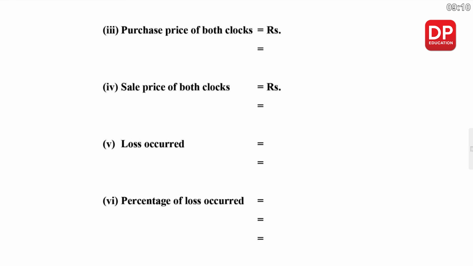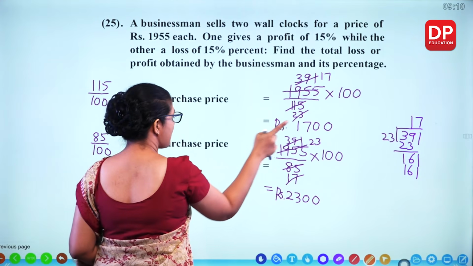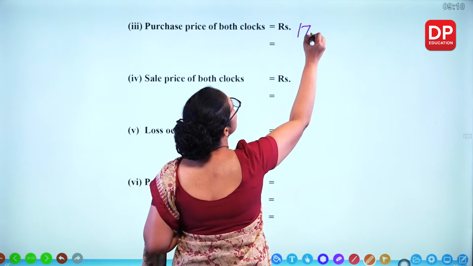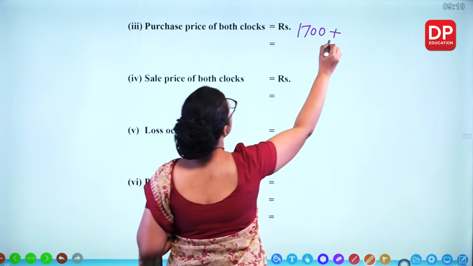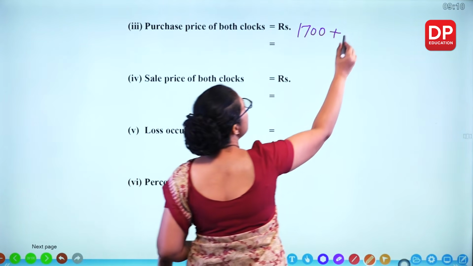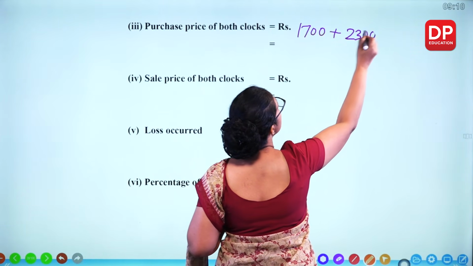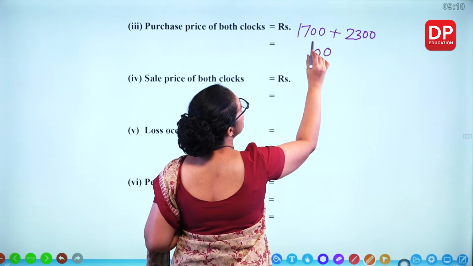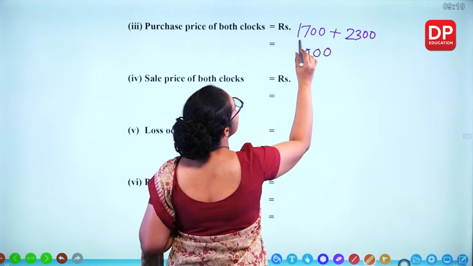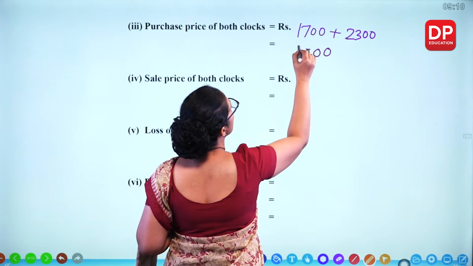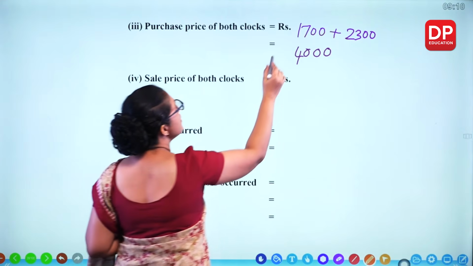Now we'll look at the purchase price of both clocks. This one is 1700 and the other one is 2300. So you can add these two to get the total purchase price. So 4000 rupees.